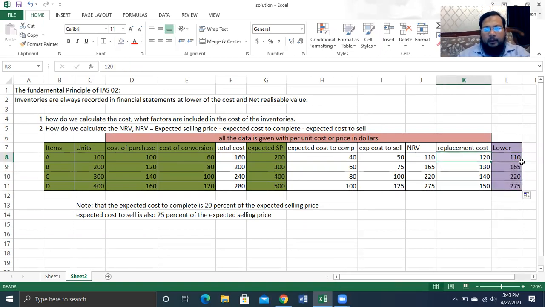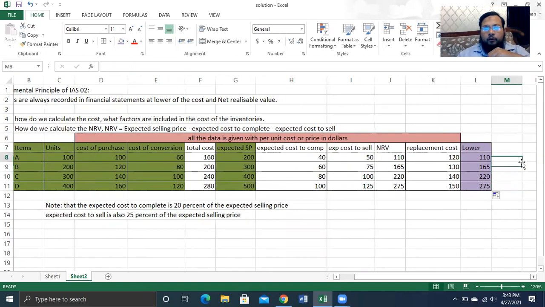So you just have a look. When we consider item A, NRV is lower because NRV is 110, total cost is 160. When we consider item B, again NRV is lower. When we consider item C, again NRV is lower. And when we consider item D, again NRV is lower. So we'll consider the lower value and finally we find out the total.